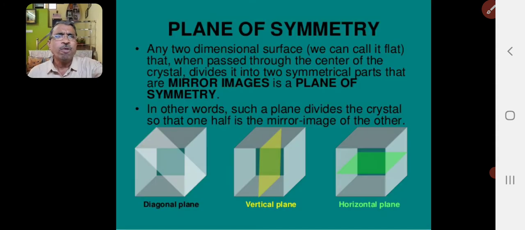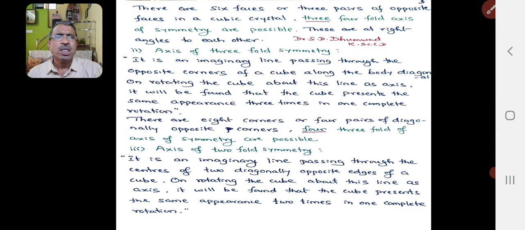What is the meaning of this? Let us take it here. How many faces are there? There are 6 faces, which means 3 pairs of opposite faces. You pass a line through these, and we get 3 4-fold axes of symmetry.